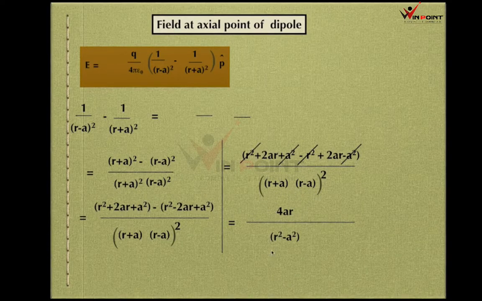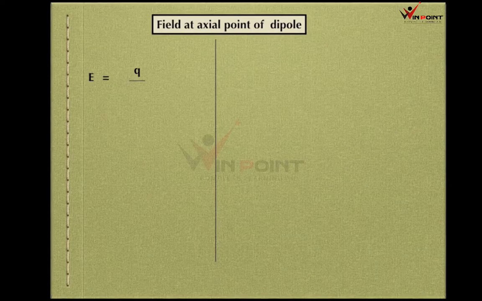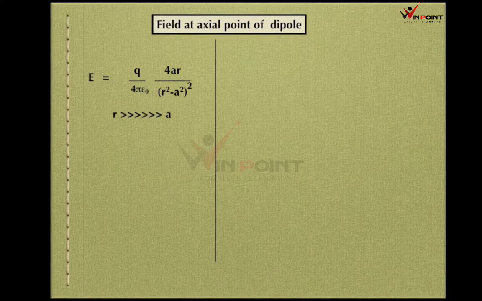So we can write (r square minus a square) whole square, is equal to q by 4 pi epsilon 0, 4ar by (r square minus a square) whole square.